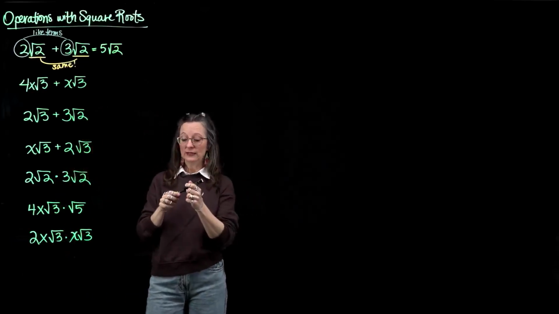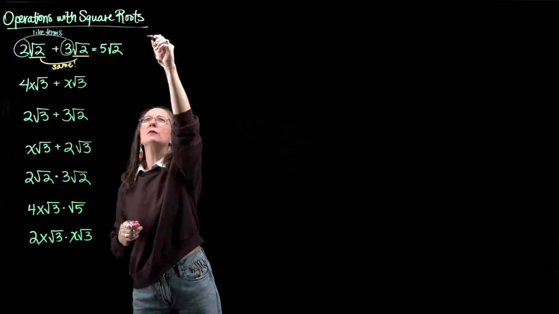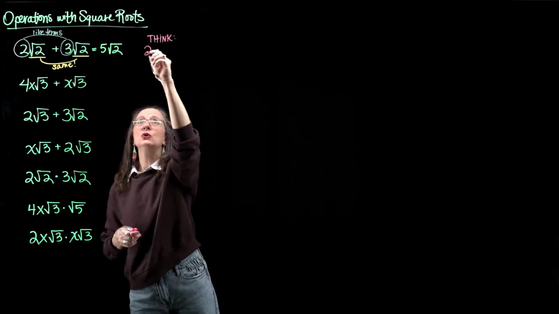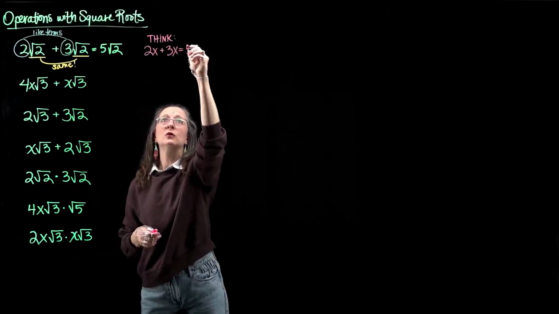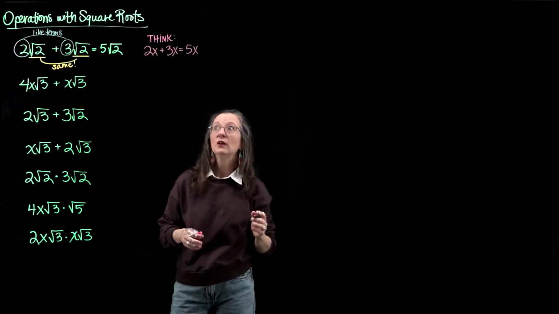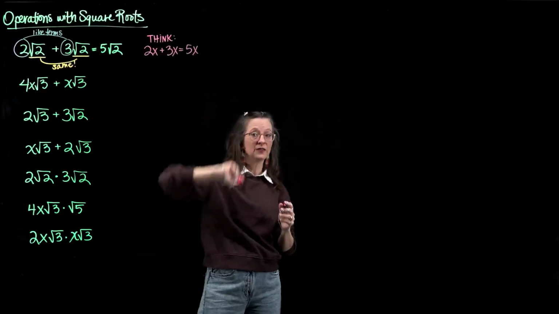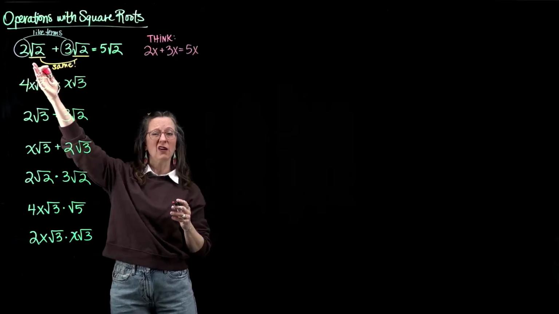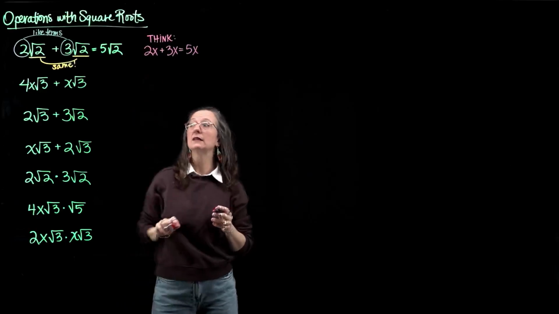Same way we did, and it's not exactly the same, but I want to think 2x plus 3x is equal to 5x. 2 of a thing plus 3 more of a thing gives me 5 of the same thing. It can look a little scary when we have all these square roots here, but it's really the same concept.